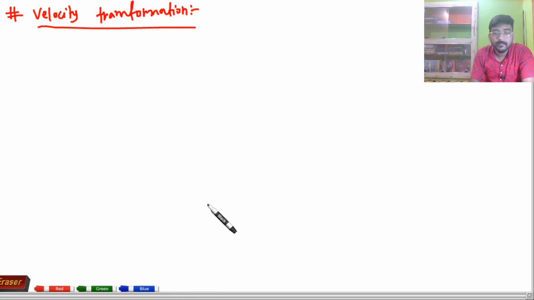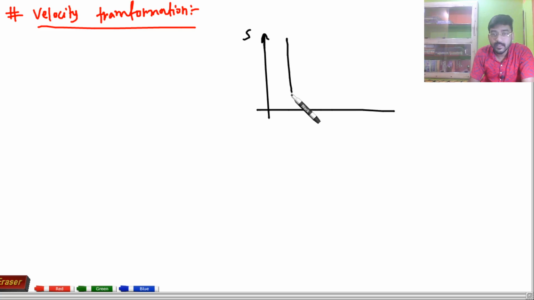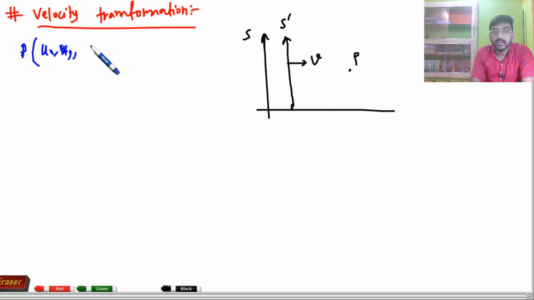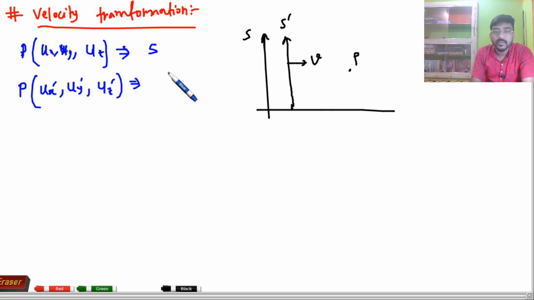Again we have the same situation: one is the S frame, another is the S dash frame, and this S dash frame is moving with velocity v with respect to the S frame, and there is a point P. Let me suppose that the velocity components of this point P are ux, uy, uz with respect to the S frame, and this point P has the velocity components ux dash, uy dash, uz dash with respect to the S dash frame.